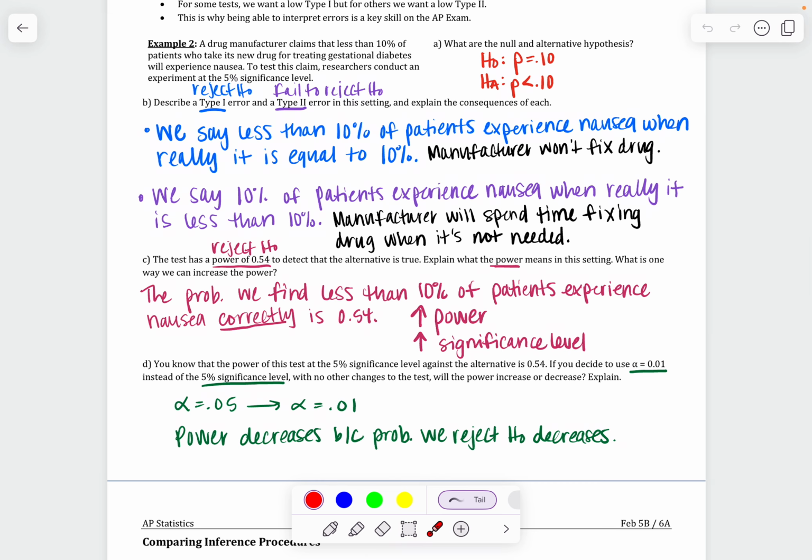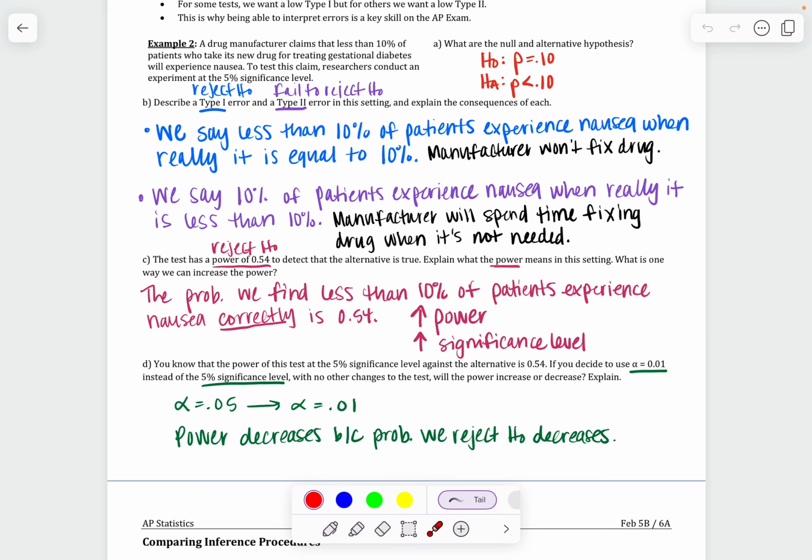Some of the follow-up questions for this tend to be things like, from the patient's point of view, what decision would be worse, or from the doctor's or the manufacturer's point of view, what would be worse. From the patient's point of view, it may be type 1 error because there is a drug that they are taking that isn't working.